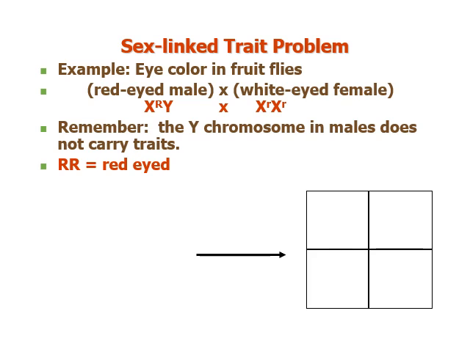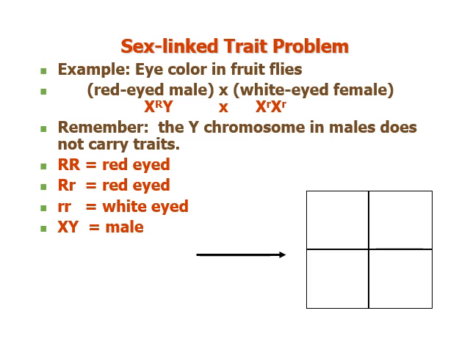If an organism has two capital R's on its X chromosomes, that would be a red-eyed female. If you have a capital R and a lowercase r on your X chromosomes, you would still have red eyes. The only way that you would have a white-eyed female would be if you have lowercase r on both of your X chromosomes. XY is going to be a male, XX is going to be female.